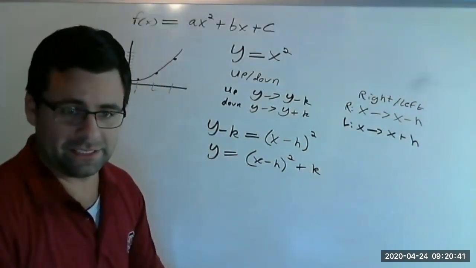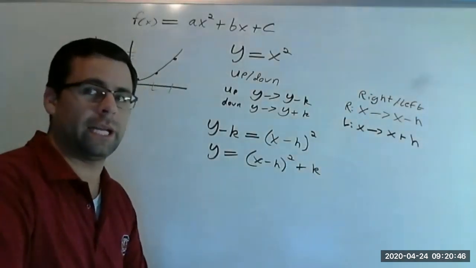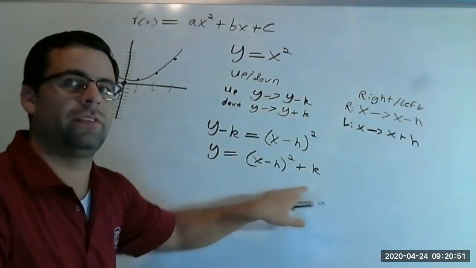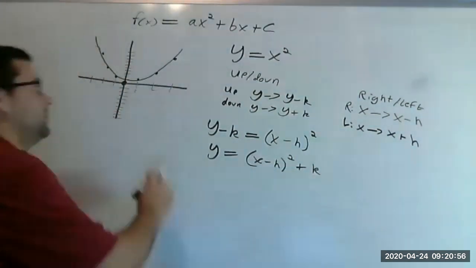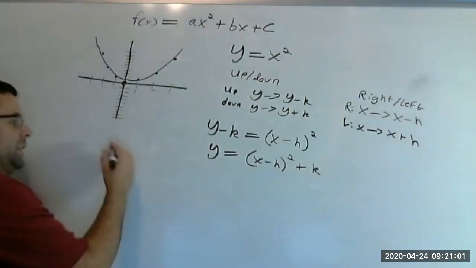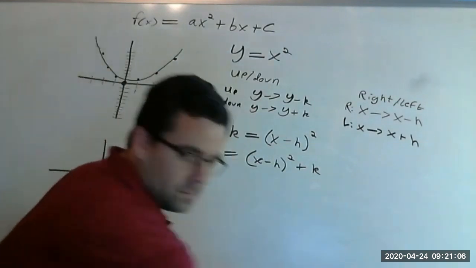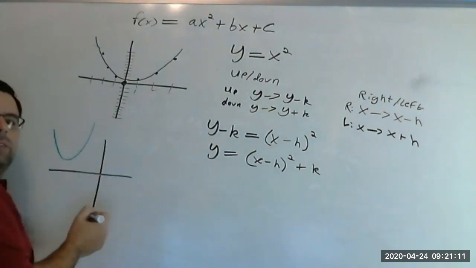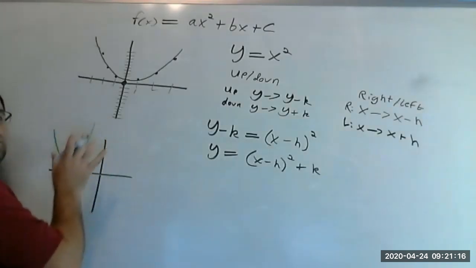So this is the standard form of the quadratic, where h and k are very important values. Because this is just y equals x squared, but you could have something that looks different. If this is your graph, you could have something that looks like this, where it's the same graph, but it's been moved.